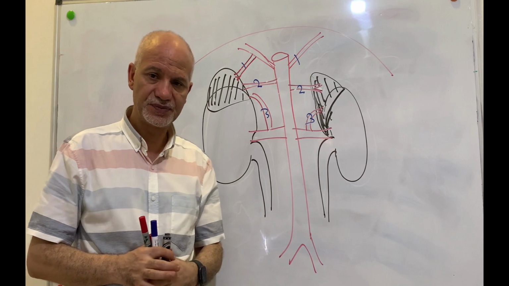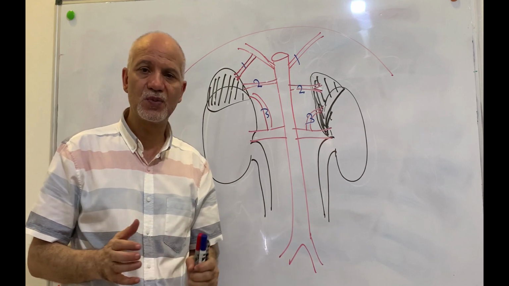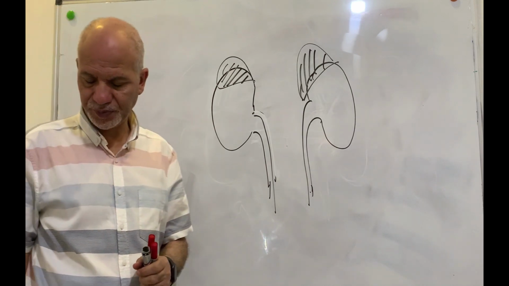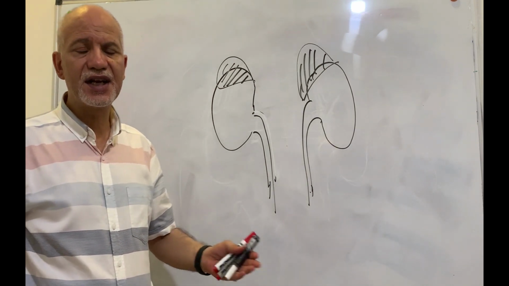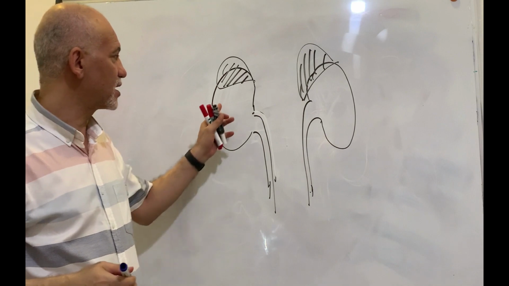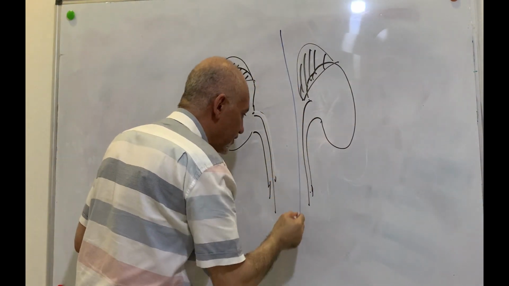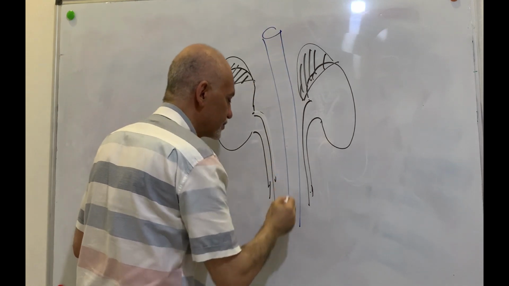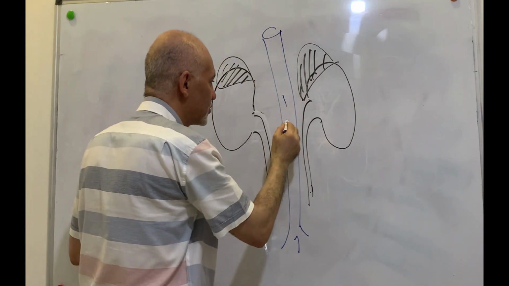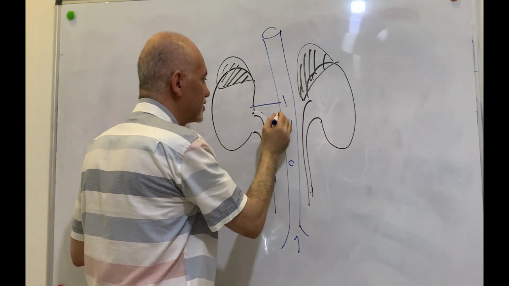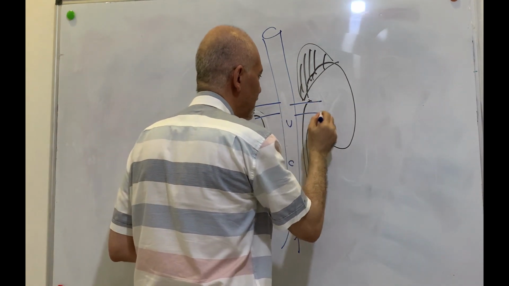Venous drainage of the suprarenal gland. This is the right and the left. This is the inferior vena cava. This is the renal vein, right renal vein and the left renal vein.